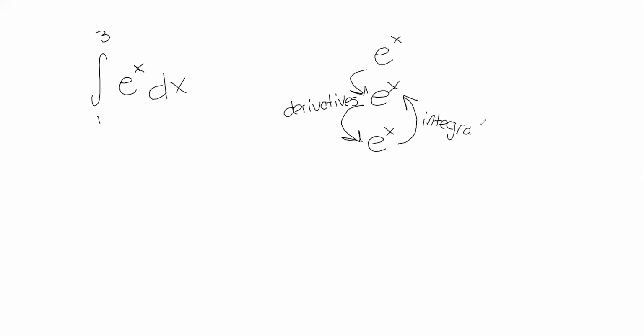So if we want to find the antiderivative of e to the x, we just want to go backwards, and the antiderivative of e to the x is also going to be e to the x. This is integration or just taking the antiderivative. The antiderivative of e to the x is e to the x.